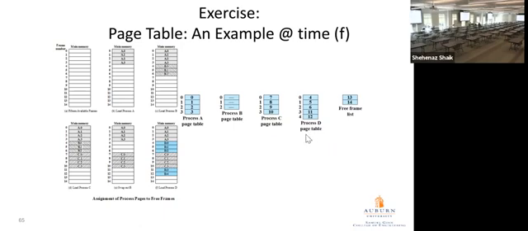If you see here, for example, page 0 of process D is allocated to frame 4, whereas page 3 of process D is allocated to frame 11, and so on. Again, it's the job of the operating system to keep track of that.